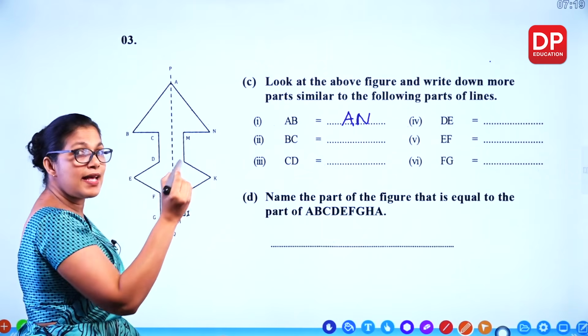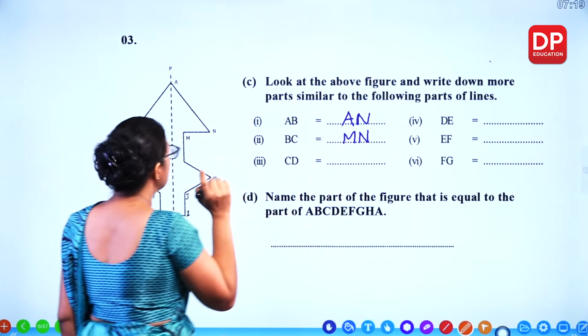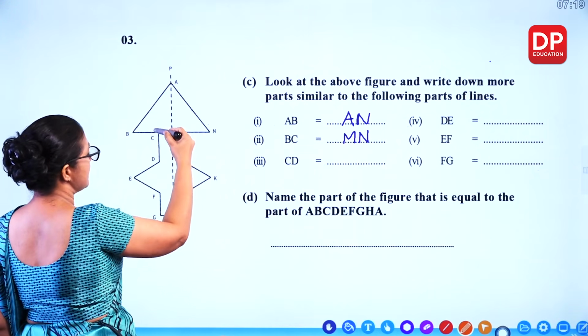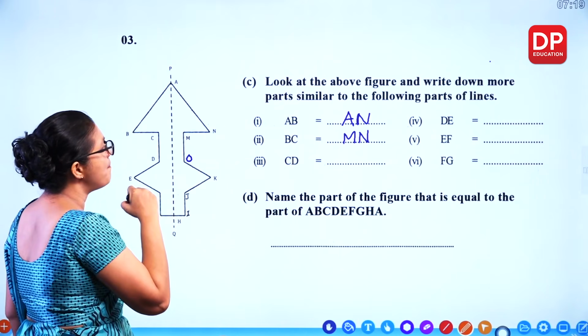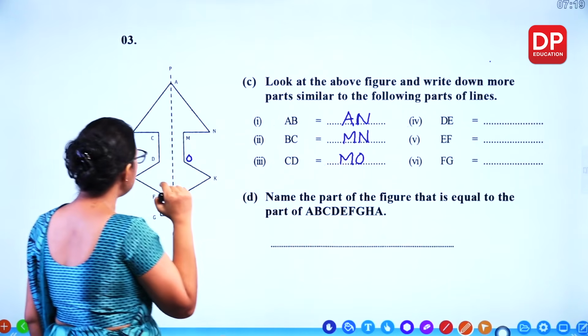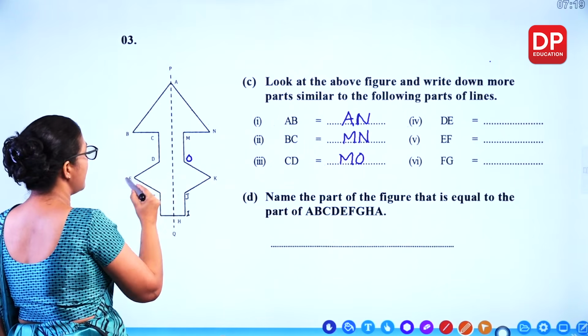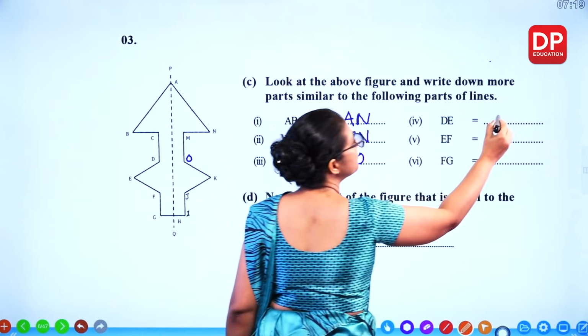So that's same as MN. CD, it's the vertical line. That's same as MO. DE, this line. So that's same as OK.